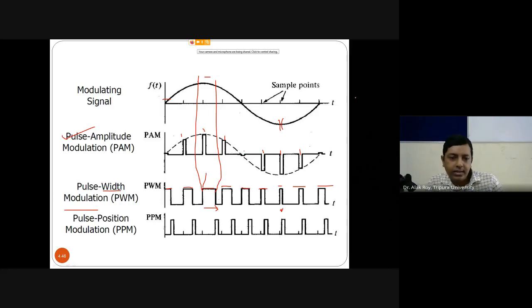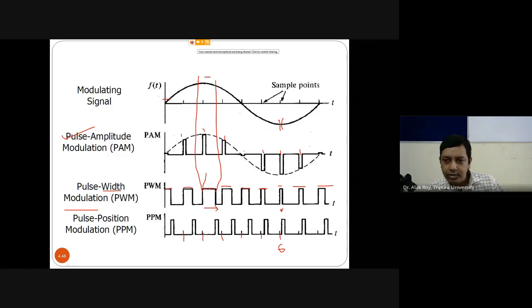Now, what is PPM, pulse position modulation? In pulse position modulation, please see the concept that whenever you have a negative signal, if it is your reference point, second, third, fourth, fifth, sixth. So let's take this sixth position as your reference point.